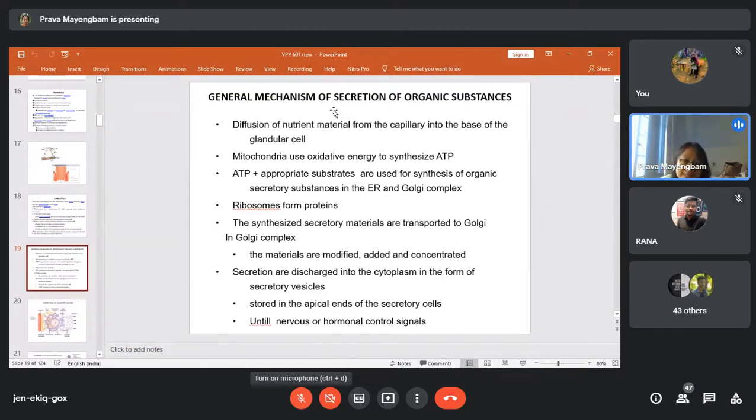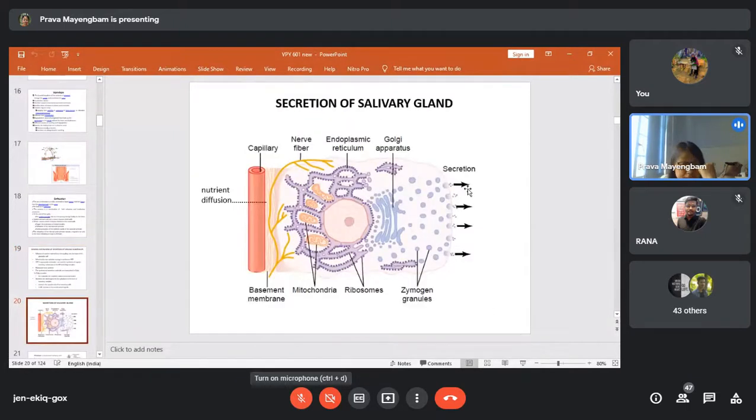So what is the general mechanism behind their secretion? First of all, there has to be diffusion of the nutrient material from the capillary into the base of the glandular cell. Just see in this figure. Just imagine that this is one secretory cell.